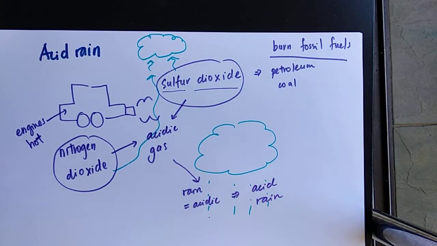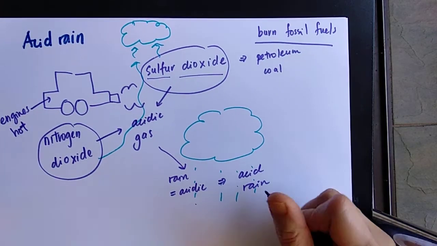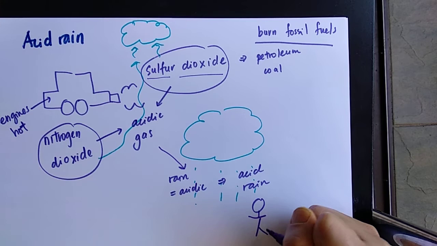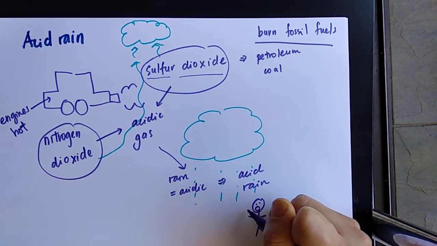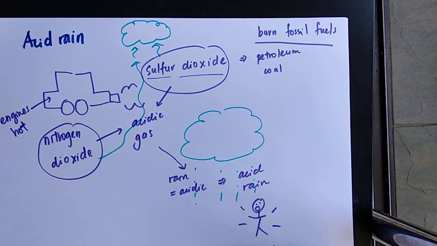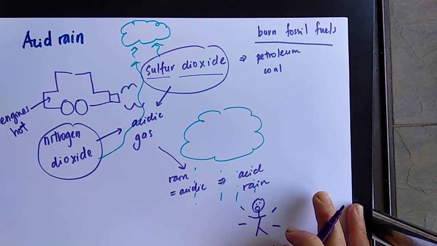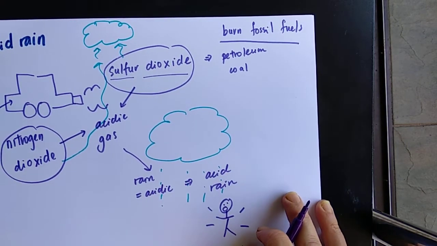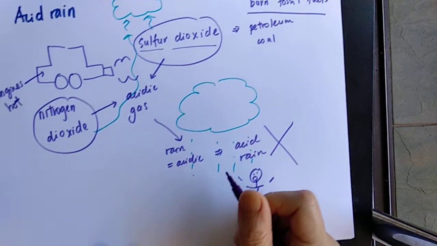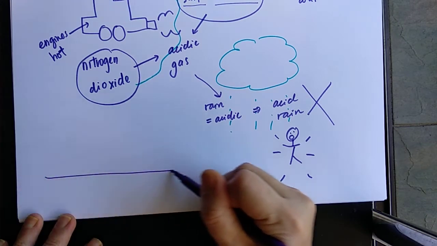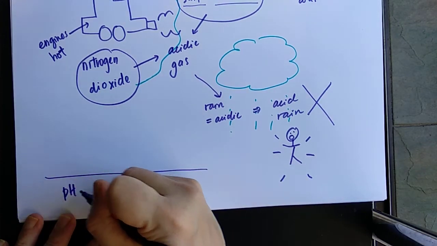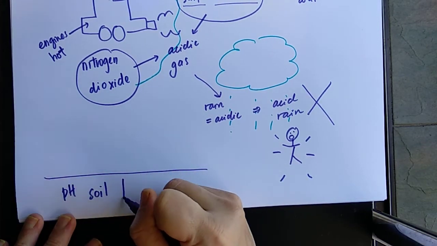Now, what you need to understand is this acid rain is not so corrosive that if you stand under the rain, you will get burned. What happens is this acid rain is only slightly acidic. But even being slightly acidic is not good because it causes the pH in the soil to become lower.